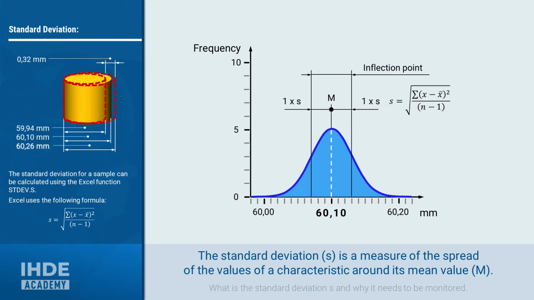Product characteristics that are the result of a process that is subject to random variation can, for example, be randomly distributed as shown here. This Gaussian bell curve has its inflection points at 1 time the standard deviation.